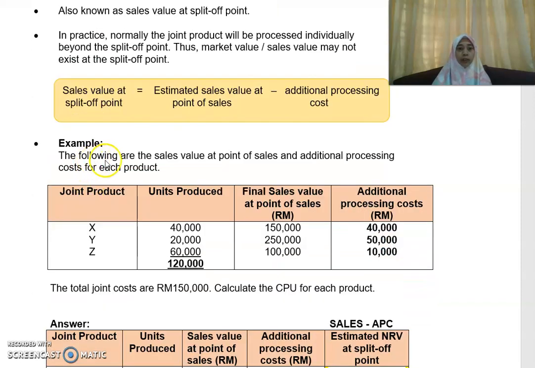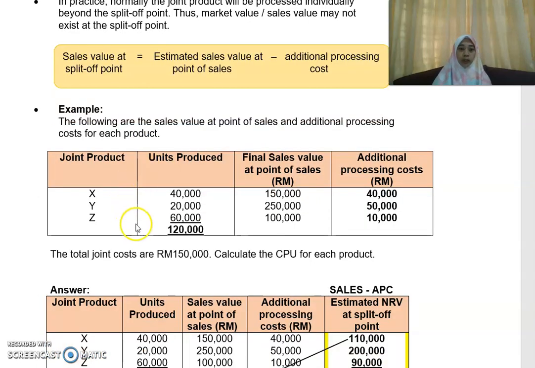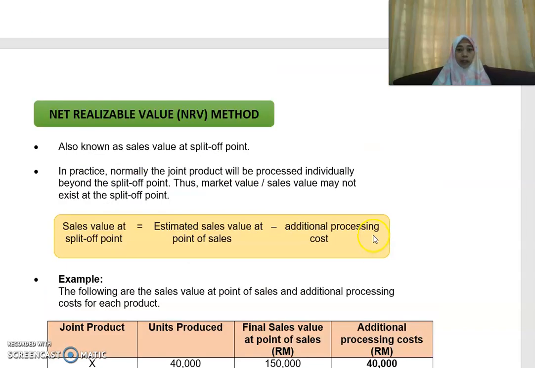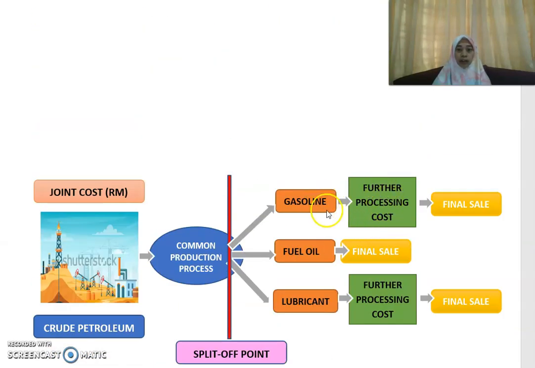Okay, so the following are the sales value at point of sales and additional processing costs for each of the products. We continue with the same example. Let's say you have three products, X, Y, and Z, and these are the units produced: 40,000, 20,000, and 60,000 units for X, Y, and Z. Given that the final sales values at point of sales are 150,000, 250,000, and 100,000. All these three require further processing cost before you have the final sales value.